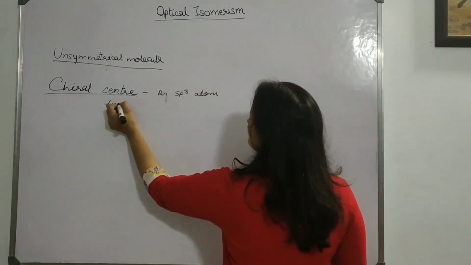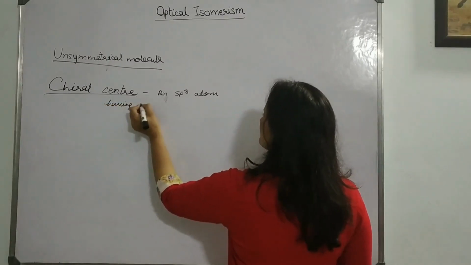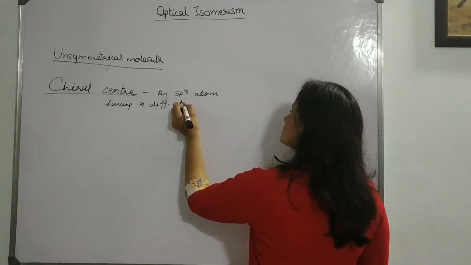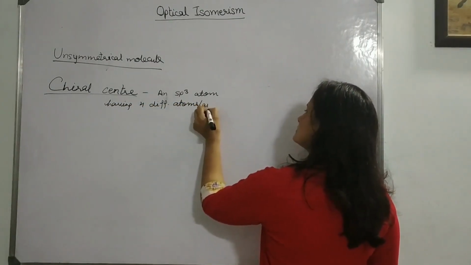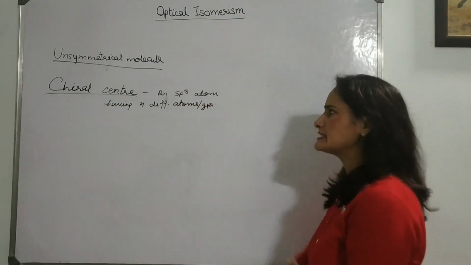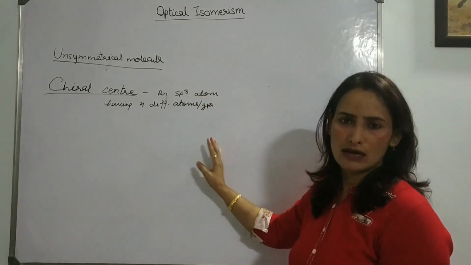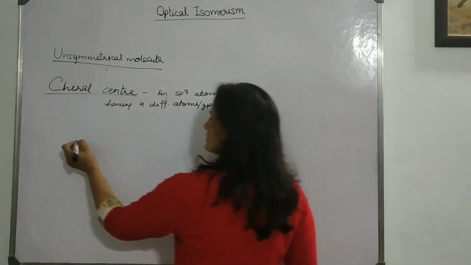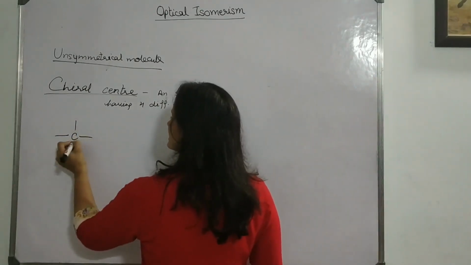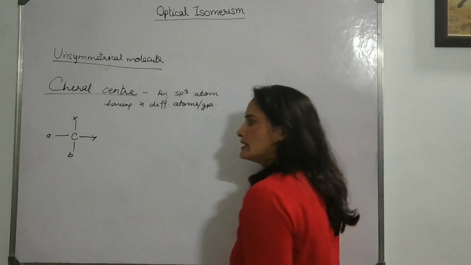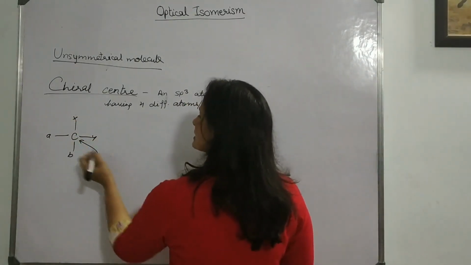Chiral center is an sp3 atom having 4 different atoms or groups. And if this sp3 atom is carbon, then it will be called chiral carbon. Okay? For example, if I take carbon and there are 4 different groups, then it is called chiral carbon.